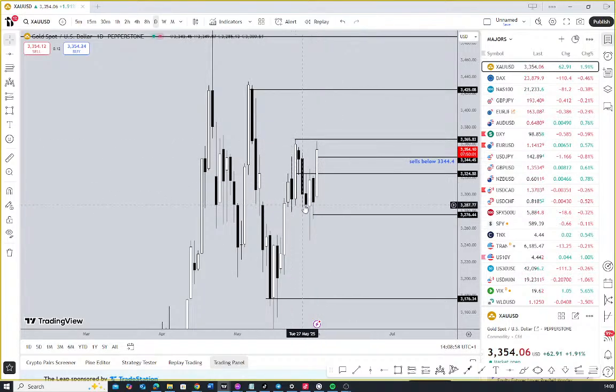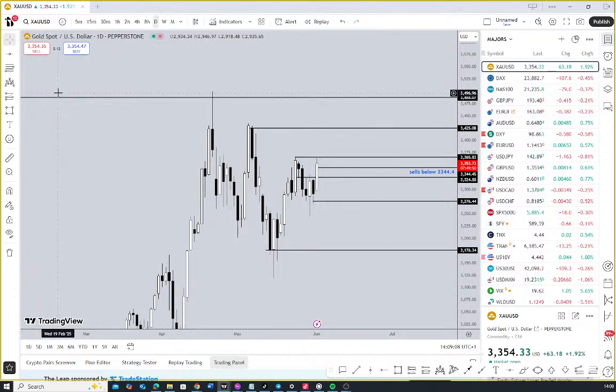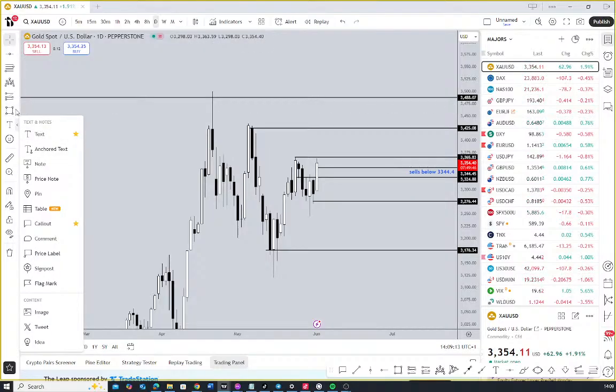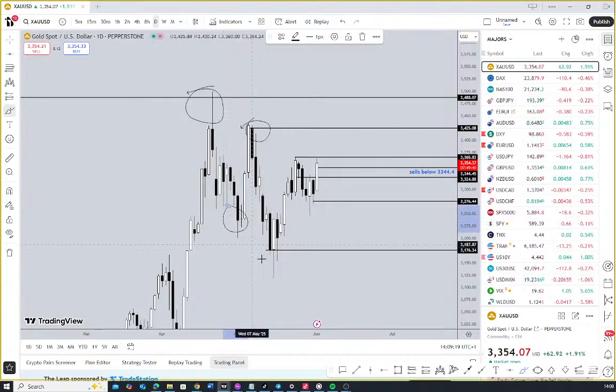We can't say anything other than that. Now, if price breaks these support levels down here at 32.85, then I'd expect price to rotate lower. If we look at the daily swings, you've got the high here, a lower high here, a low here and a lower low.